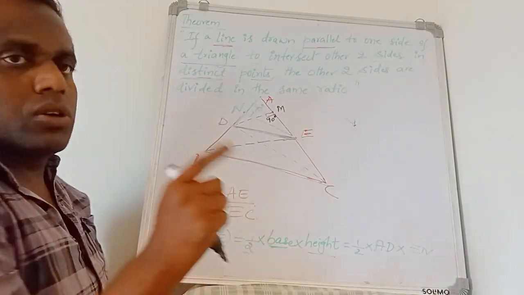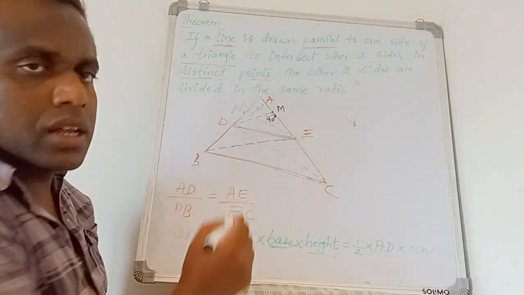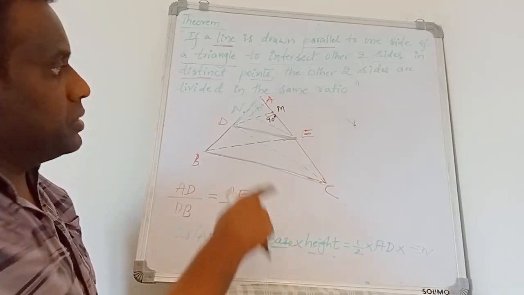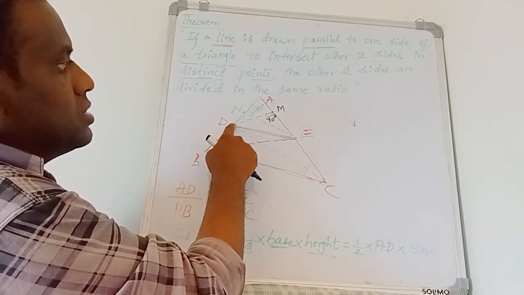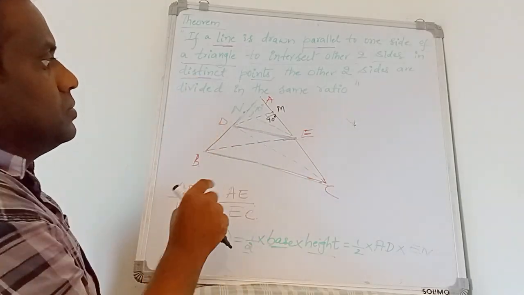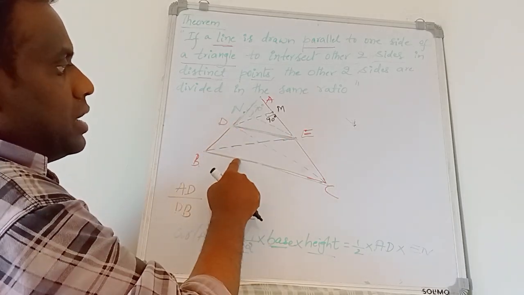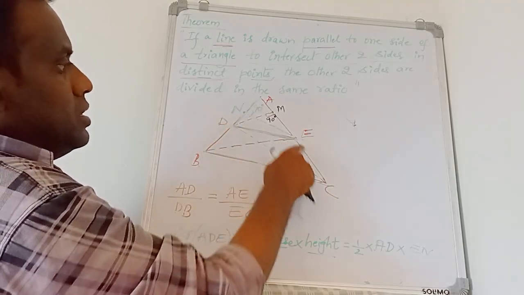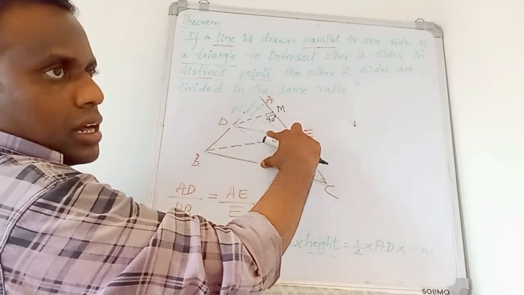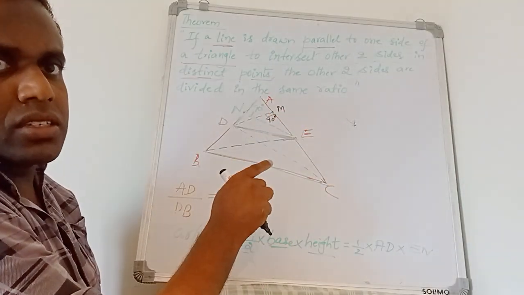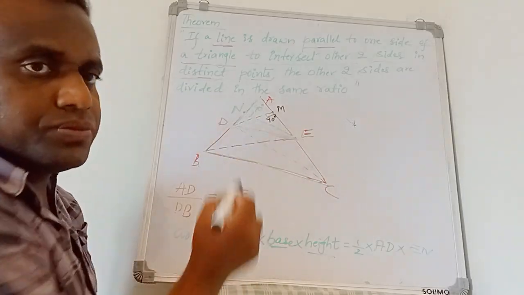Now remember, when two triangles have the same base DE and they lie between the same parallels, BDE triangle lies between this parallel line and this parallel line, and DEC triangle also lies between this and this. In between these two parallel lines we have two triangles, and those two triangles have the same common base DE.